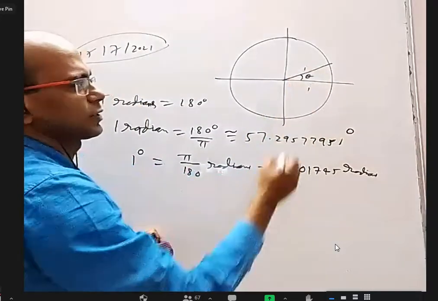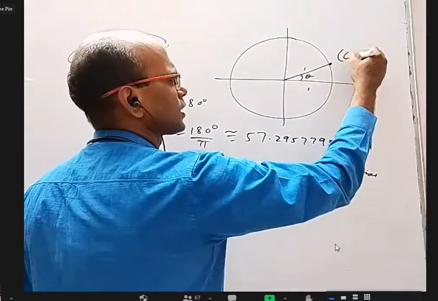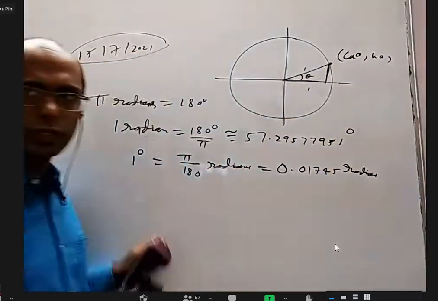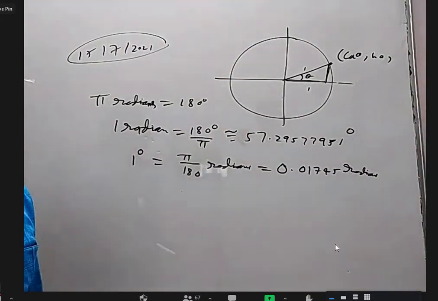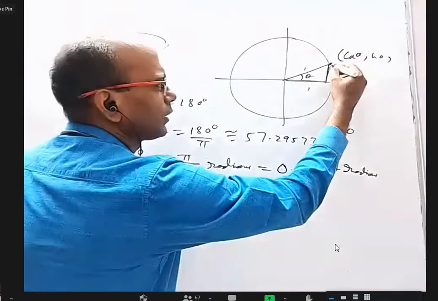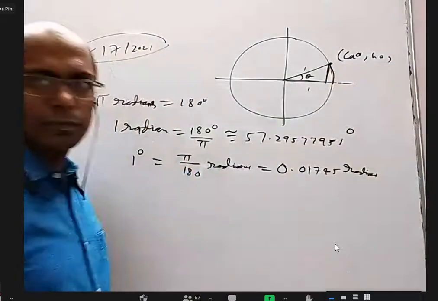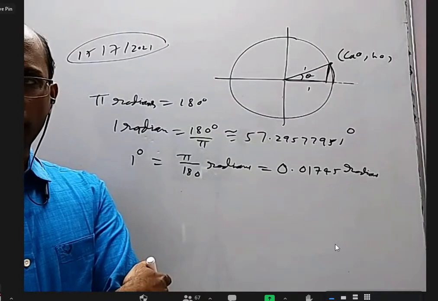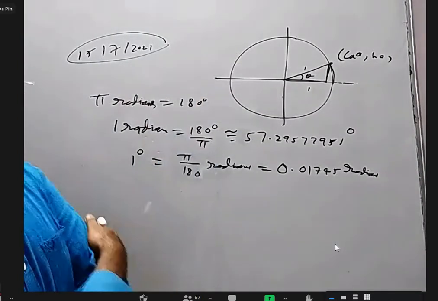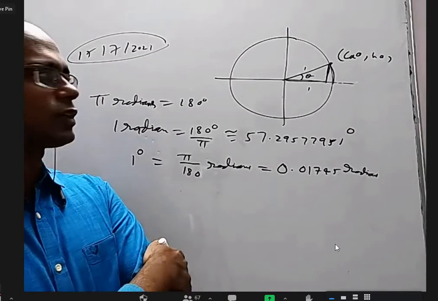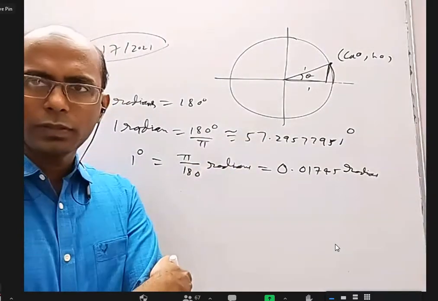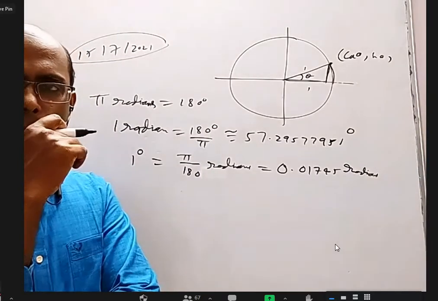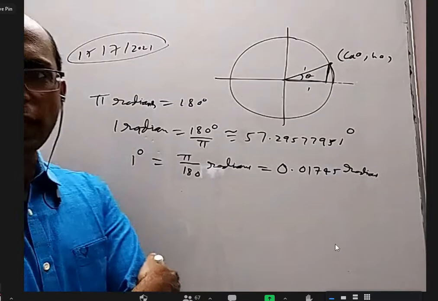The point's coordinates are cos theta comma sin theta, meaning this height is sin theta, this length is cos theta. Am I right? Yes, sir. Anybody want to tell what this arc length is? L, sir. But in this figure, in terms of theta or 1 unit, what is the arc length? If we take theta in radians. Theta is in radians. What is the arc length?